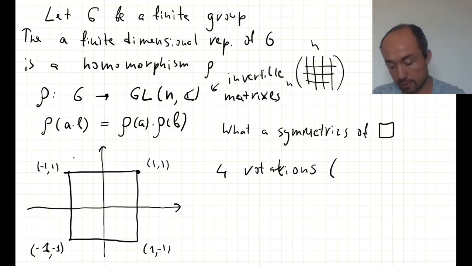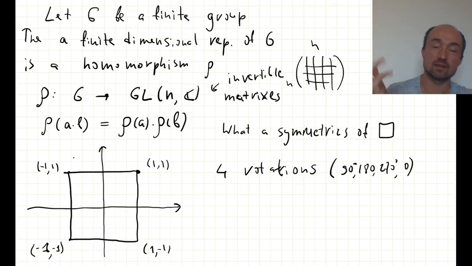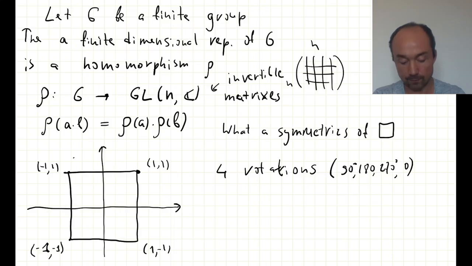And we can also consider the identity map, which can be called rotation by 0 degrees.